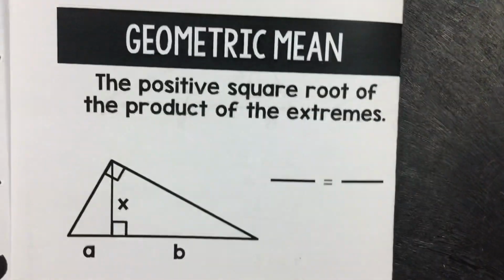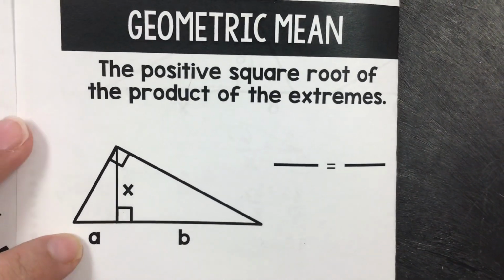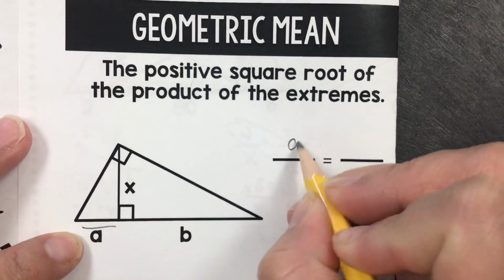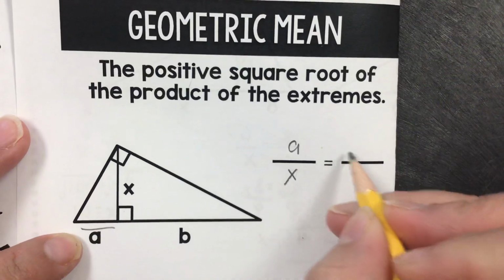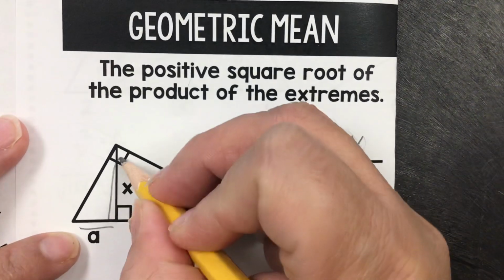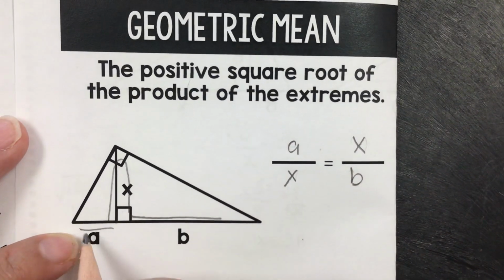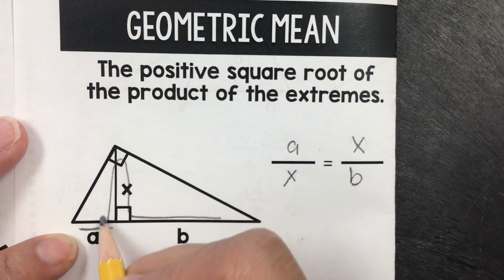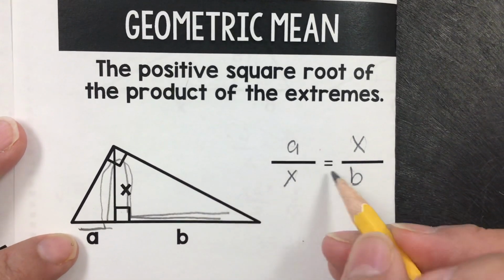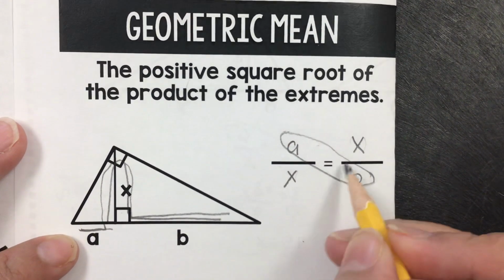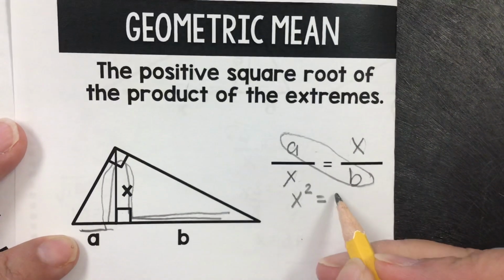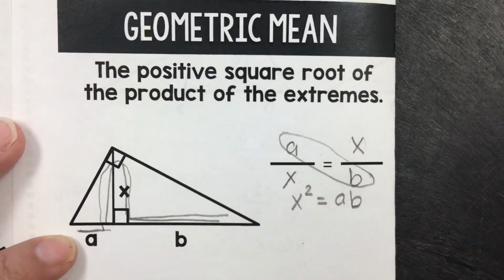So in general, what happened is to be a geometric mean, we had a divided by x is equal to x divided by b. So I made this picture like this to tell you that you start here, you divide by x is equal to x, and then dividing by b. We had to cross multiply. Remember, x times x gave you x squared, and then a times b is just going to be written as ab.